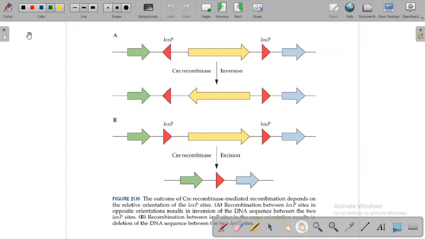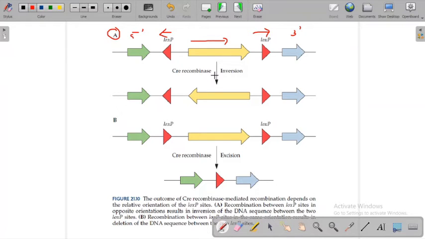Now in figure A, see the orientation. This is like 5 prime to 3 prime. If each and every sequence is 5 prime to 3 prime, the same. Now what happens if one LoxP site is integrated in this orientation, and the other LoxP site in the opposite orientation, and this is the DNA?